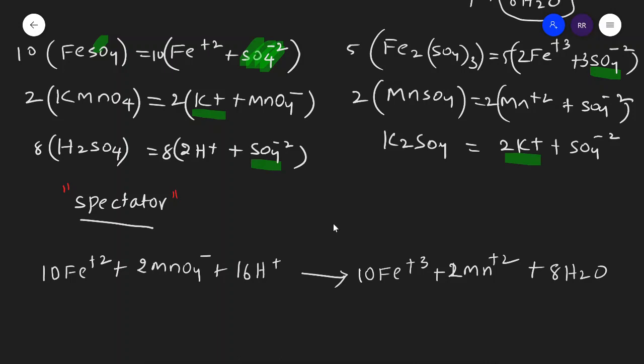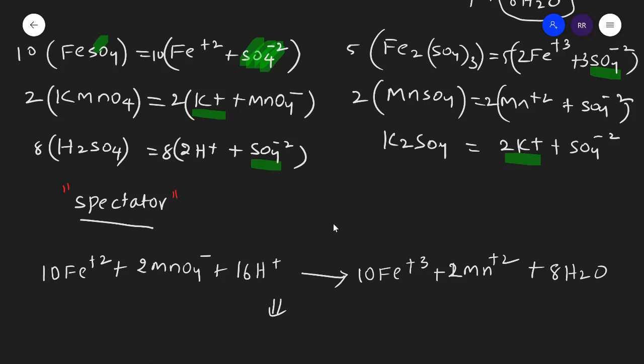Now we have got an ionic equation. That's simple, how to convert a formula unit equation into an ionic equation form. Understood? And from this, if you want to convert it into a formula unit form, add the spectator ions, whatever you have removed.